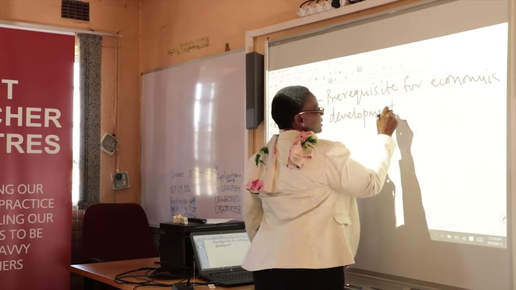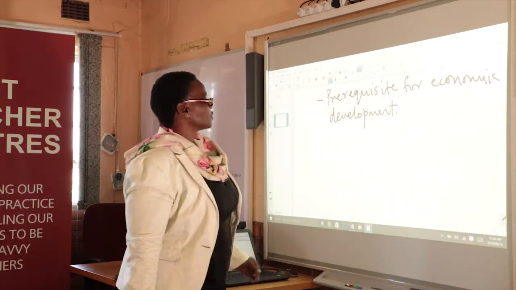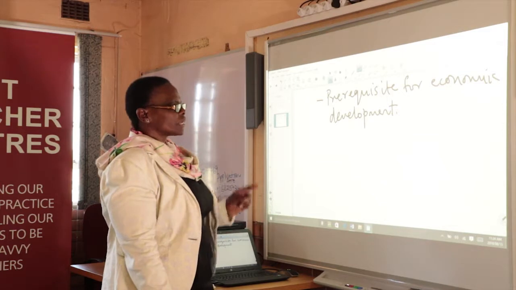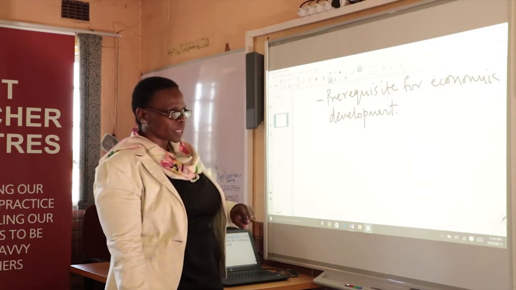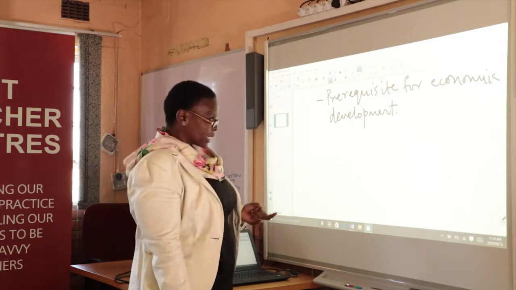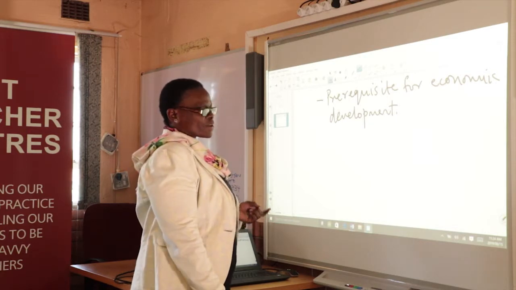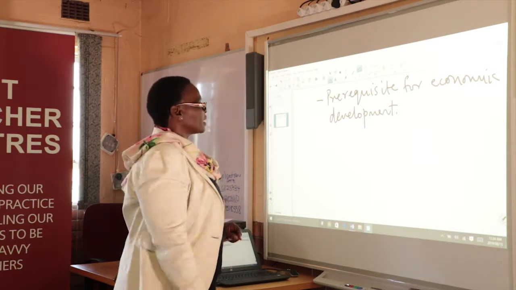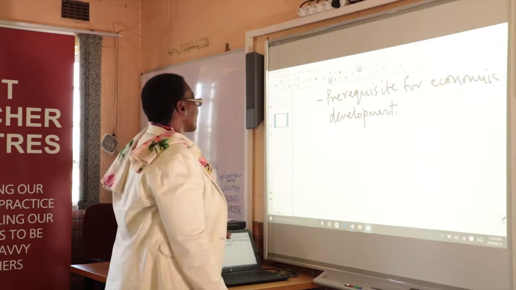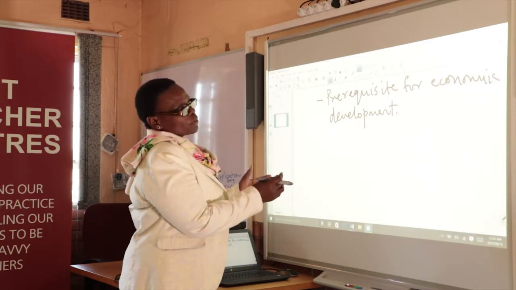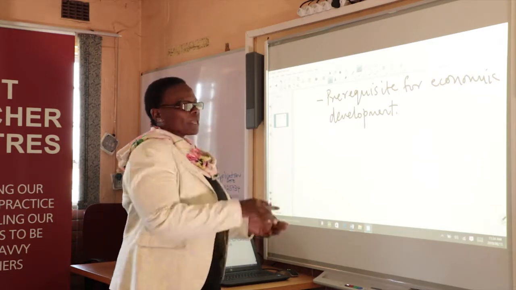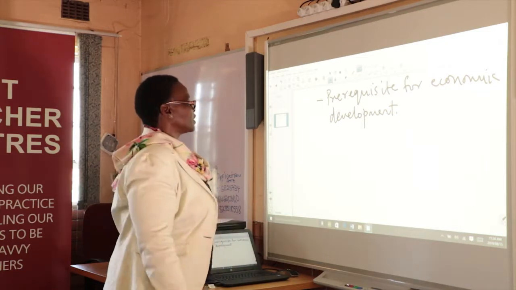Now, there is something that I wish to also mention: we cannot have economic development without economic growth, but we can have economic growth without economic development, which would mean that although the economy would have grown, it would not have benefited the total population of the country.